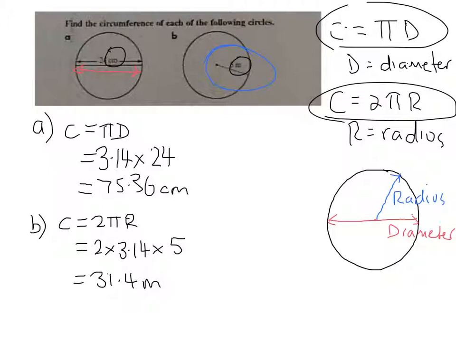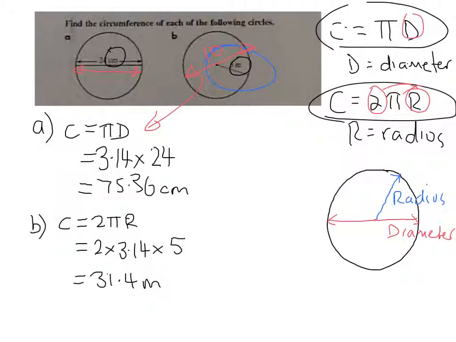Okay, so you might have thought to yourself, I could take the radius and just double it to get the diameter, and that's correct. If we had doubled the radius, we would have been given a diameter of 10. And we could have used that in the first equation, and that would be fine. The reason that we use the second equation is that 2 times by r is just equal to d.